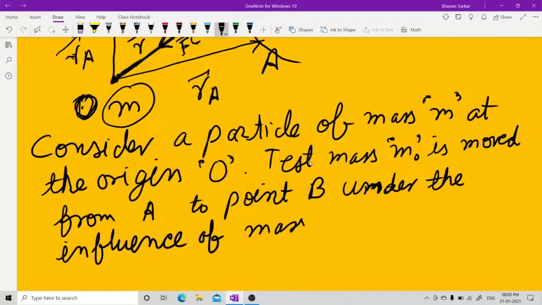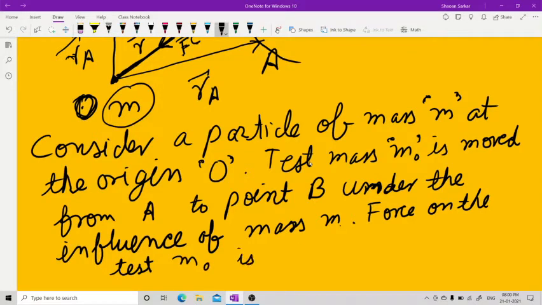That means m naught is moving under the gravitational effect of m. Now the force on this test mass, we call it the test mass. It's of unit kg or something, just a test mass.